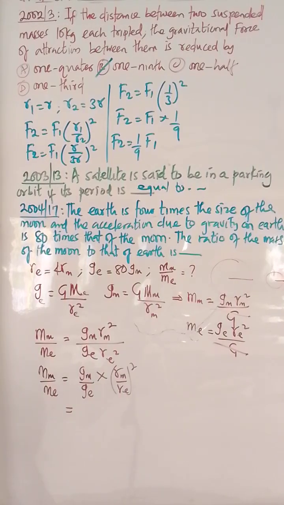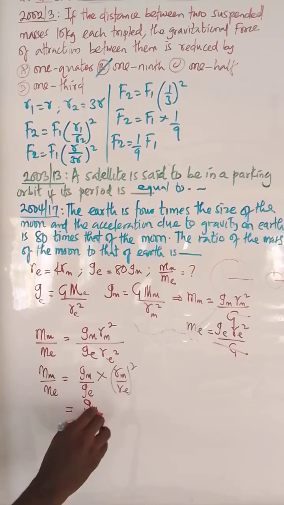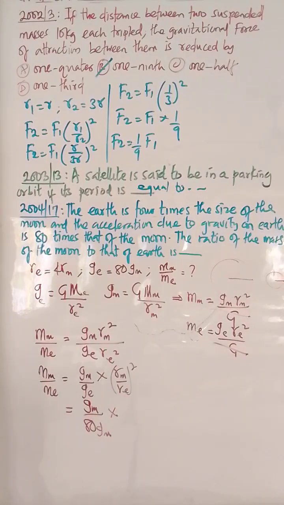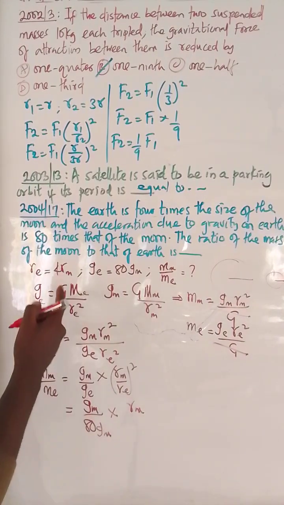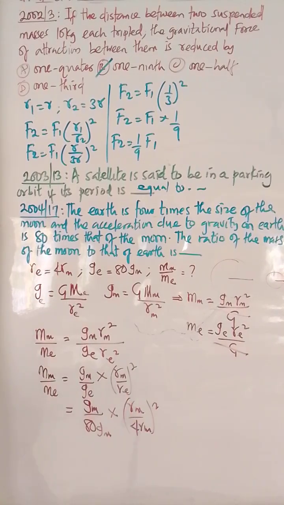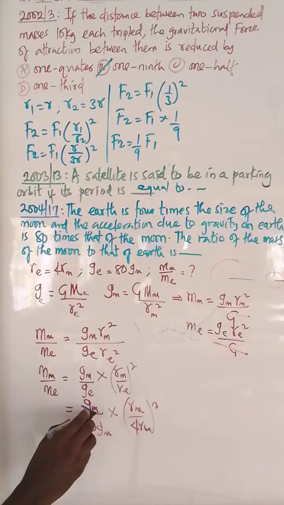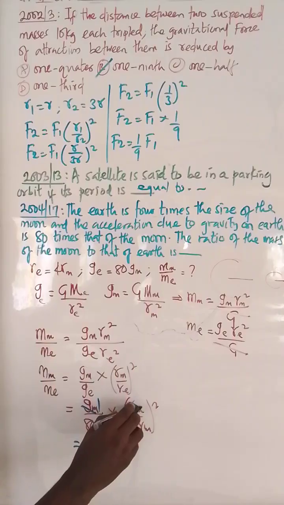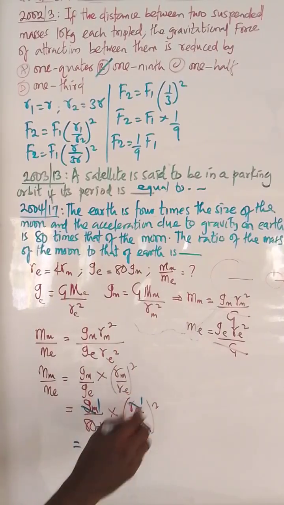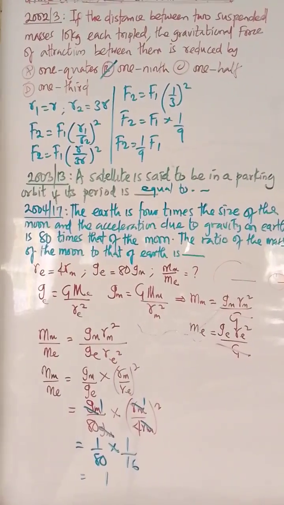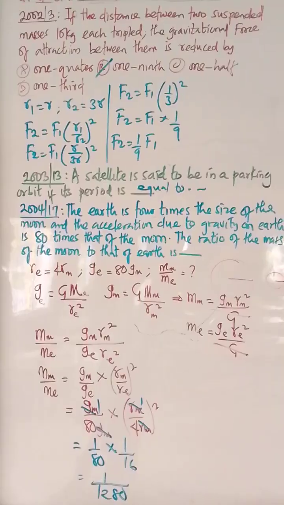What's g Moon? It's not given. What's g Earth? It's 80 g Moon. Times what is R Moon? It's not given. What is R Earth? R Earth is 4 R Moon, 4 R Moon all squared. Here g Moon over g Moon cancels, so I have 1 over 80 times R Moon here and R Moon here cancel. So 1 squared is 1, 4 squared is 16. So the answer is 1 times 1 is 1, 80 times 16 will give us 1280, and that is the answer.